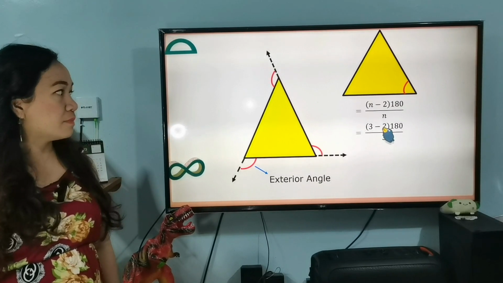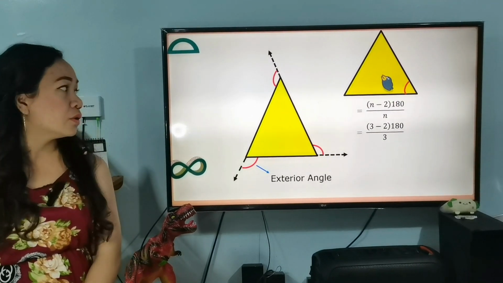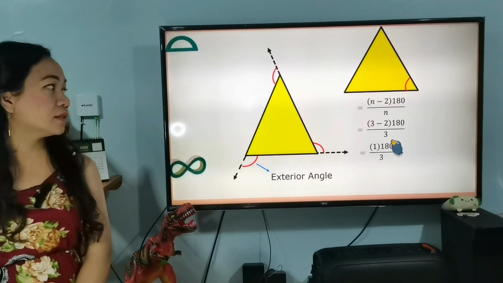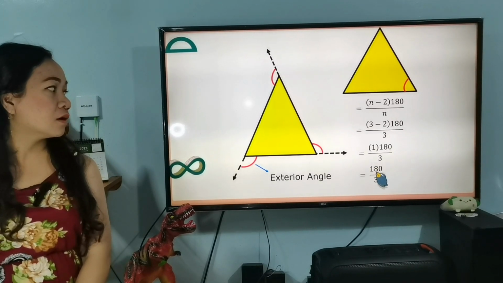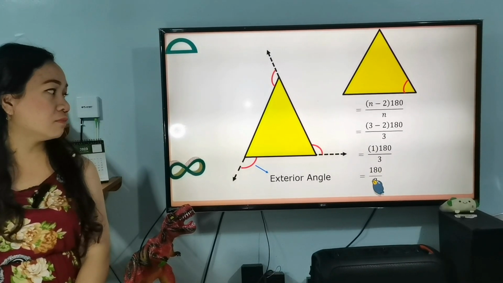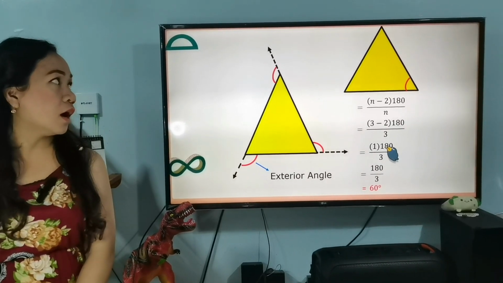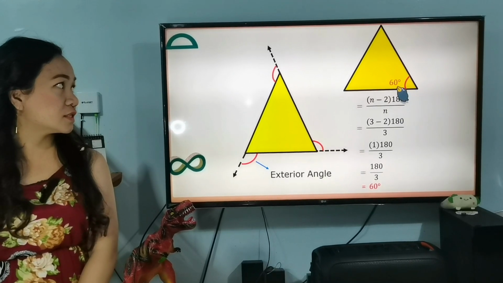So substitute: 3 minus 2, times 180 degrees, divided by 3. 3 minus 2 is 1. So 1 times 180 degrees divided by 3. 180 divided by 3, so the interior angle of our triangle is 60 degrees.